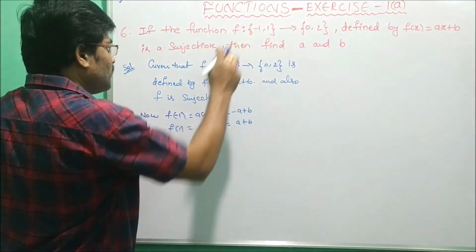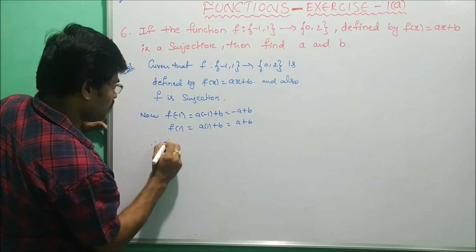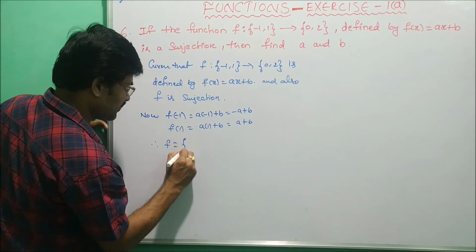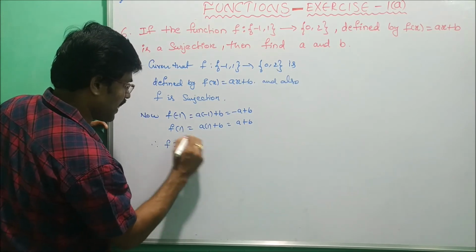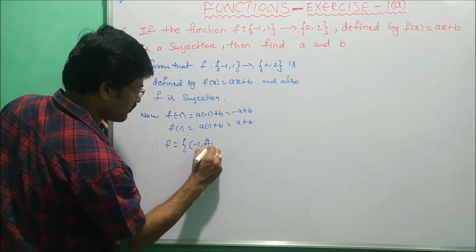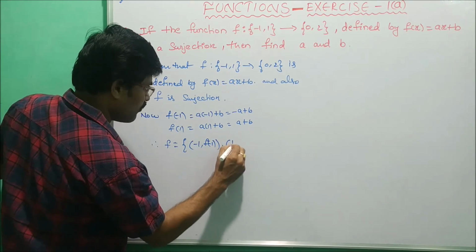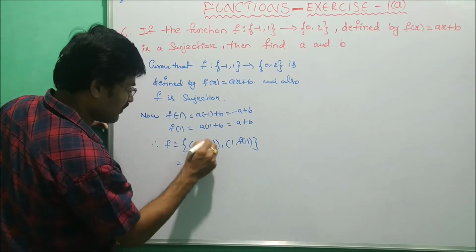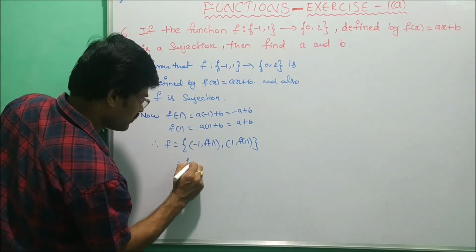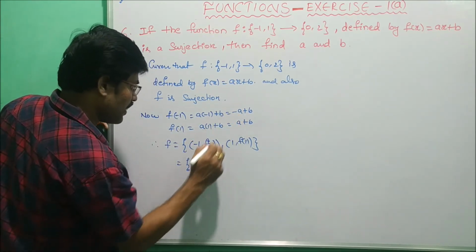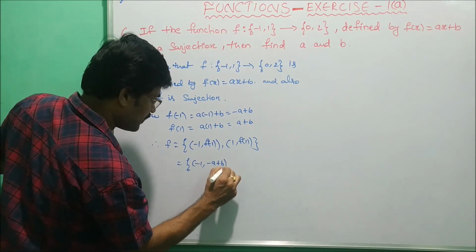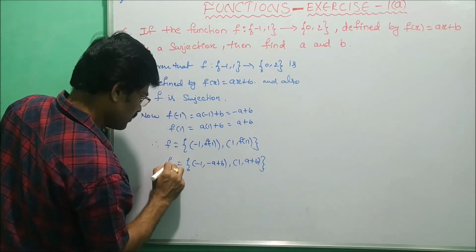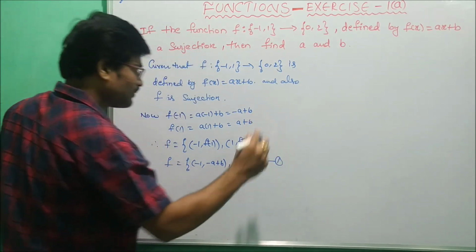Now the function f equals to the set of ordered pairs (minus 1, f of minus 1) and (1, f of 1). Now substitute the values of f of minus 1 and f of 1: minus 1 and minus a plus b, 1 and a plus b. Now which is equation 1.